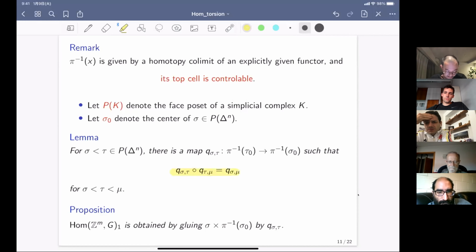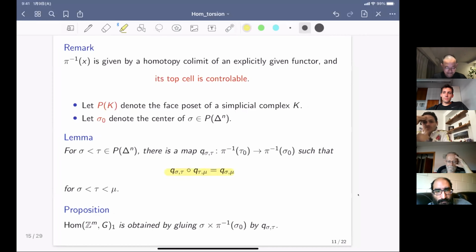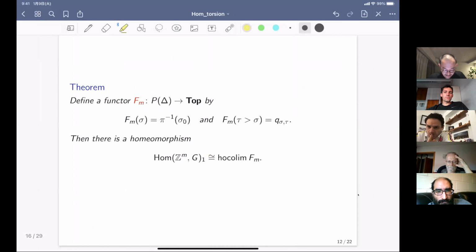This means that the following proposition holds. Hom ZMG1 is obtained by gluing sigma times pi inverse sigma 0 by this map Q. This is nothing but saying that Hom ZMG1 is a hocolimit of some functor. And we get this theorem.